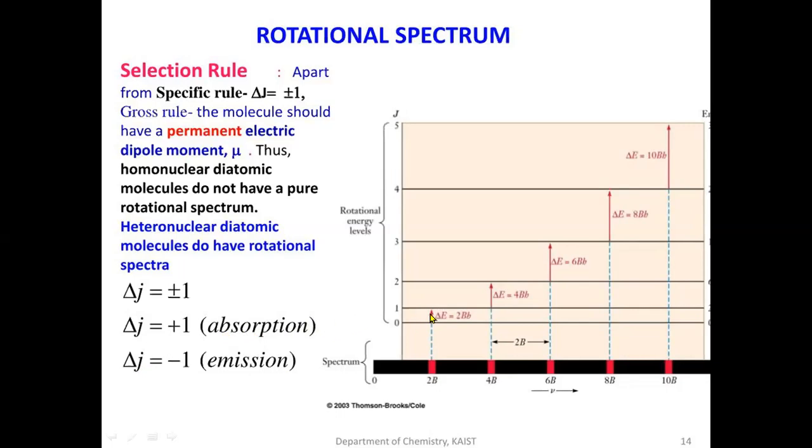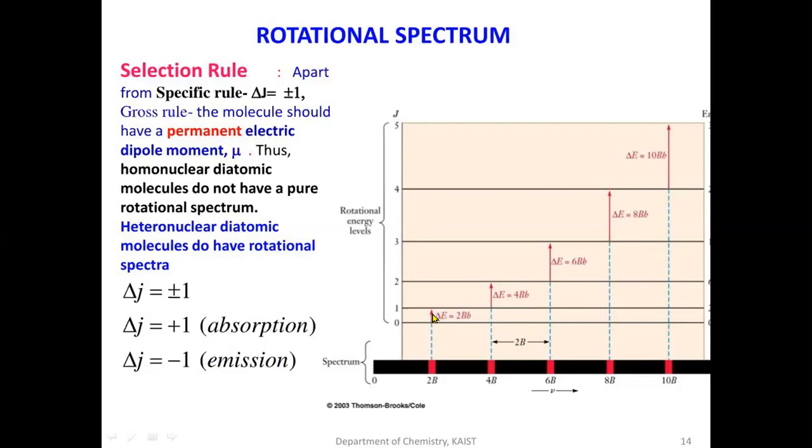Or a molecule in the upper state goes to the lower rotational state, a downward transition from J equal to 1 to J equal to 0. This transition is known as delta J equal to minus 1. It's basically emission spectroscopy. Generally, rotational spectra are observed in absorption, so we take delta J equal to plus 1.